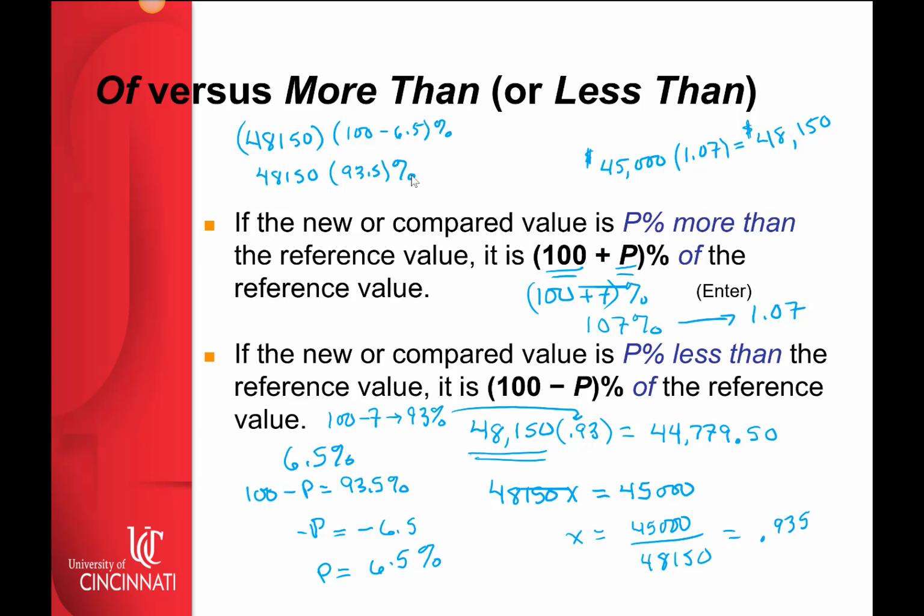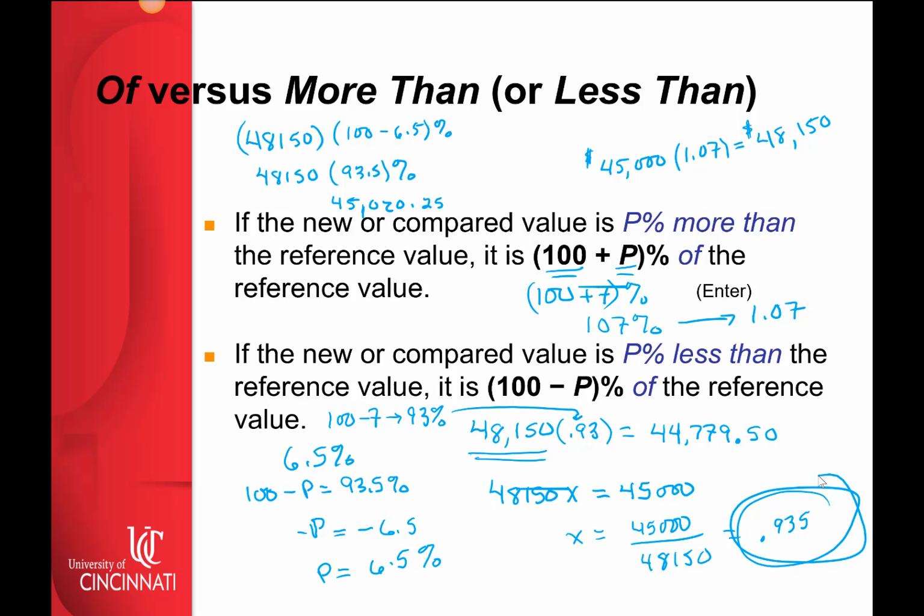If you do that, what you wind up with then is $45,020.25. It's off a little bit. Why is it off a little bit? That's right, I rounded. Remember in the lower right hand corner where we got the 0.953? And I said, let's call it 0.953. It was really, sorry, 0.935.